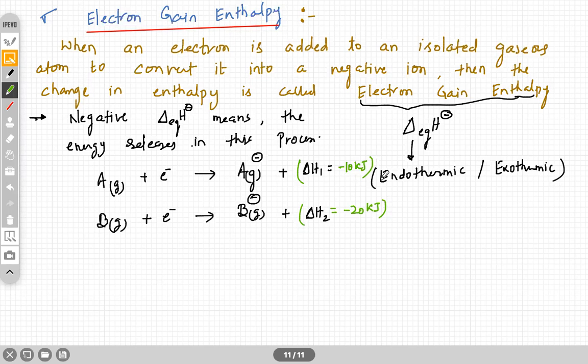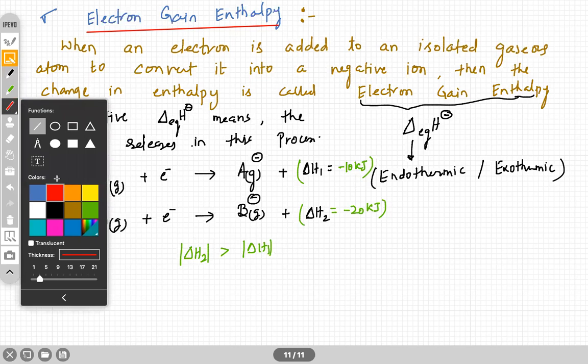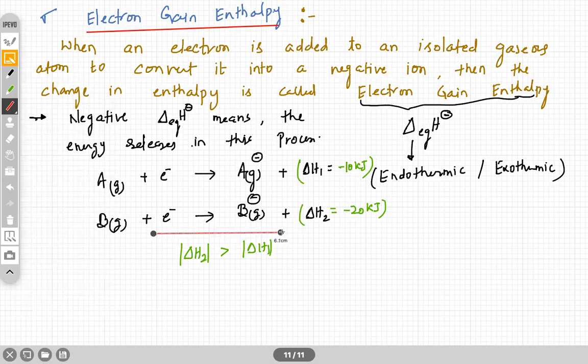To compare the energy exchange in these two processes, we compare only magnitude, so delta H2 is more than delta H1. Negative means energy is getting released; positive means energy is getting consumed.